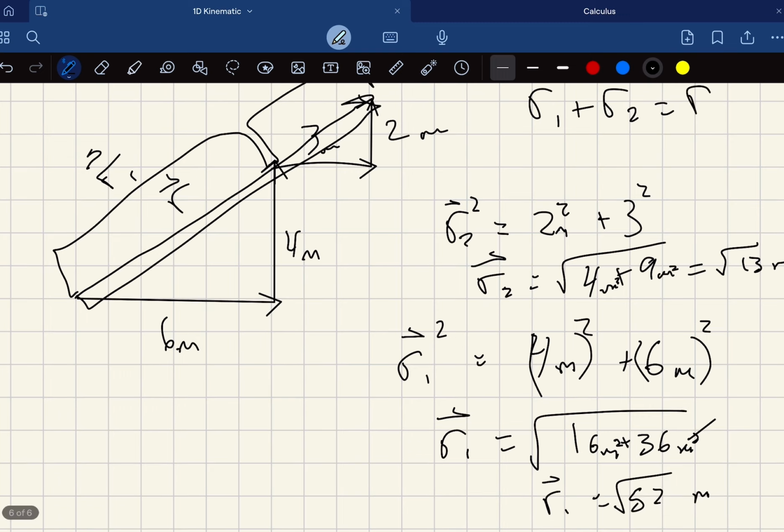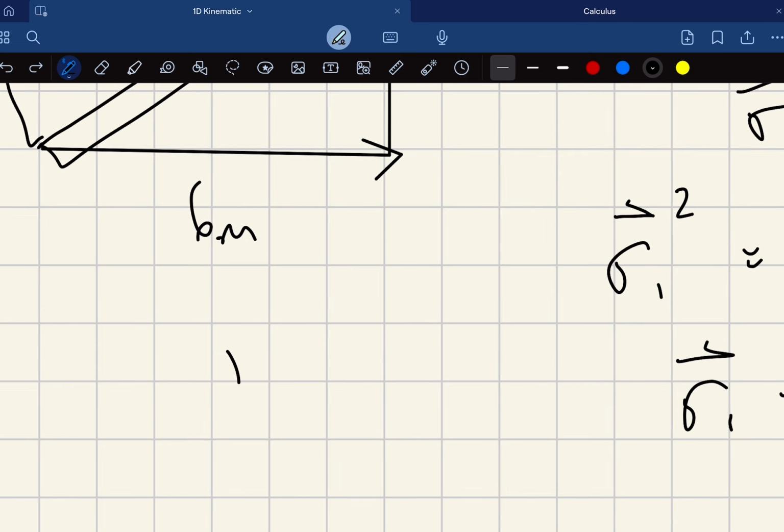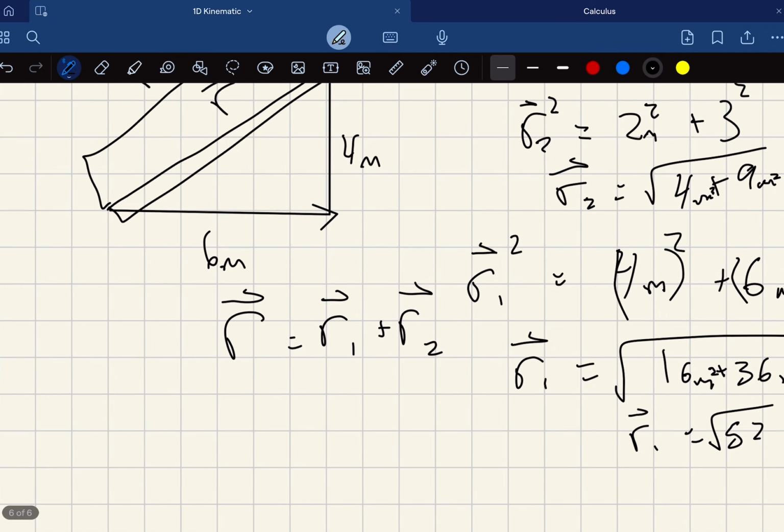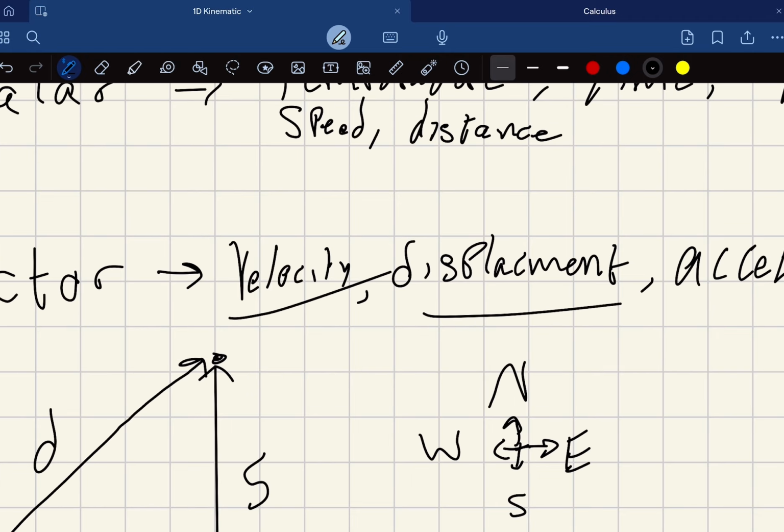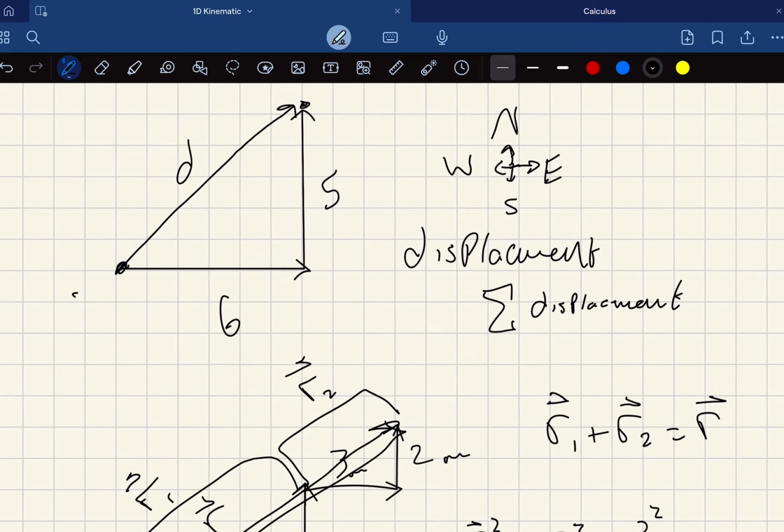So R equals, we have that our entire R is equal to the sum of these two r's. So R equals radical 52 meters plus radical 13 meters.